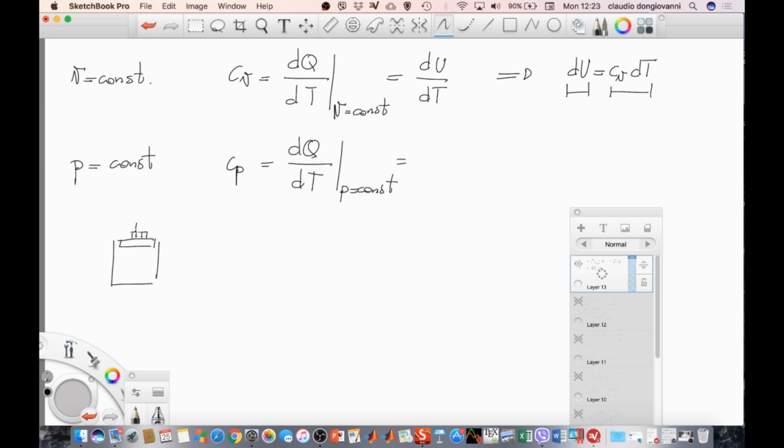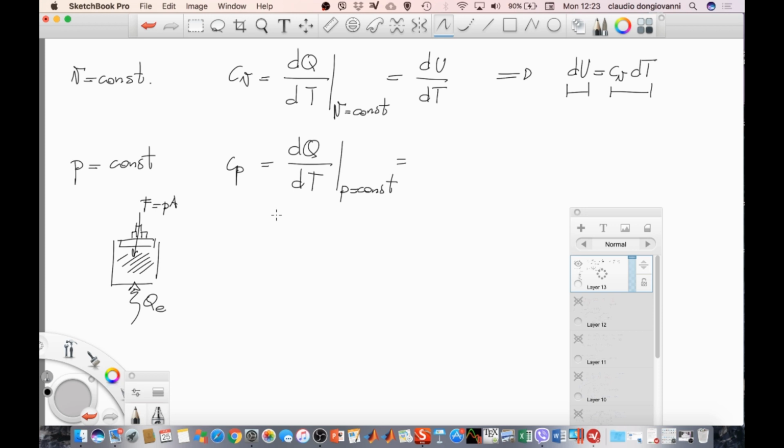So the pressure is constant. And we provide a heat. So by using the relationship for this problem, what can we write? Like before. This is the mass.